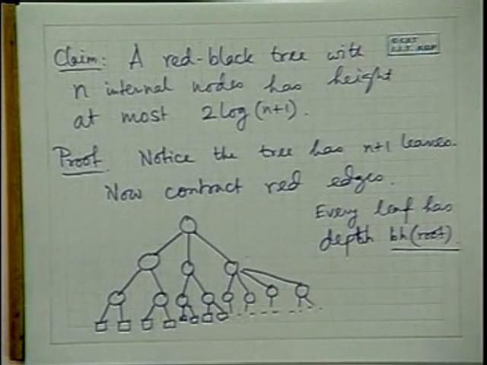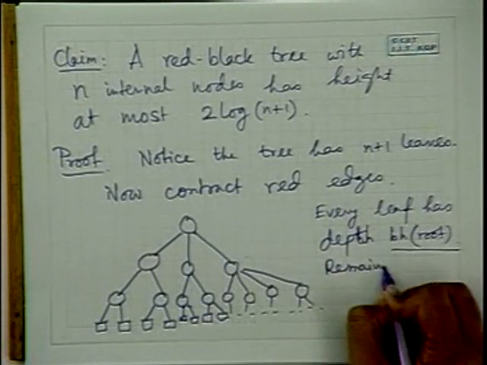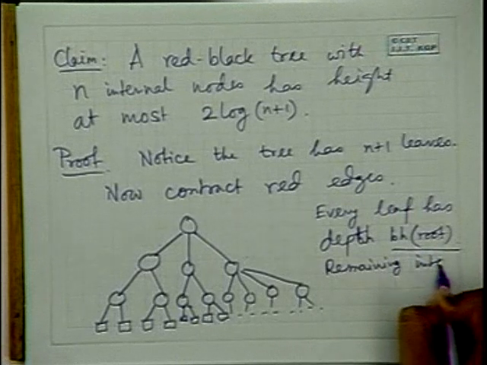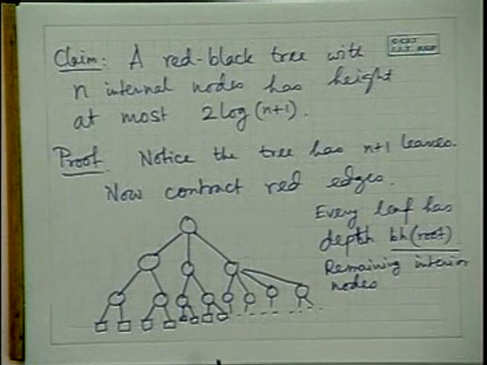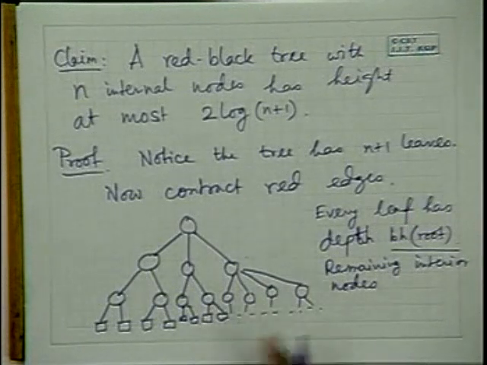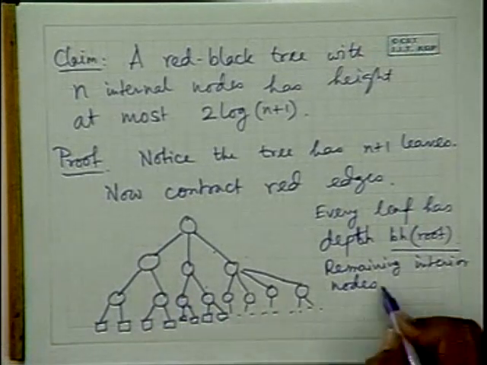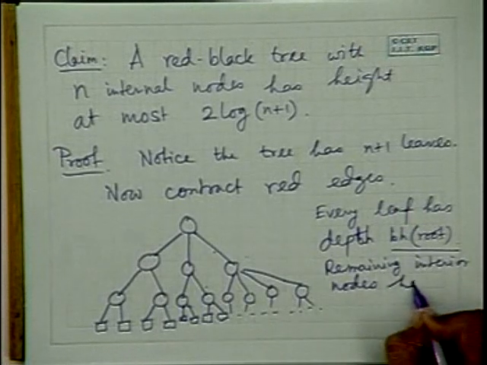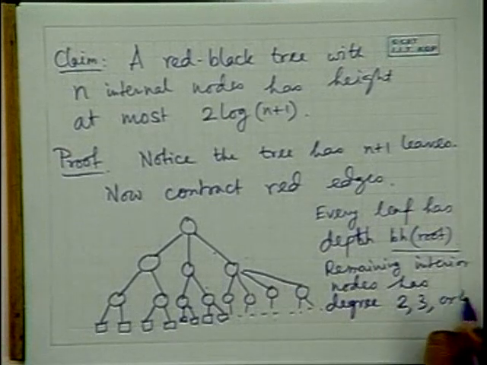Every remaining interior node has degree 2, 3 or 4. It cannot be more than 4 and it has to be at least 2.